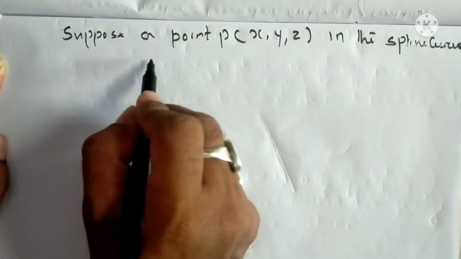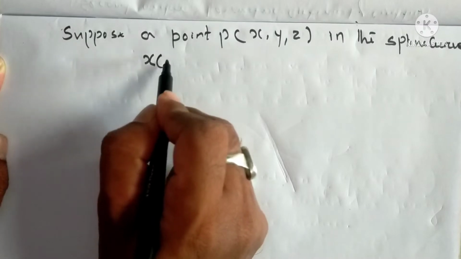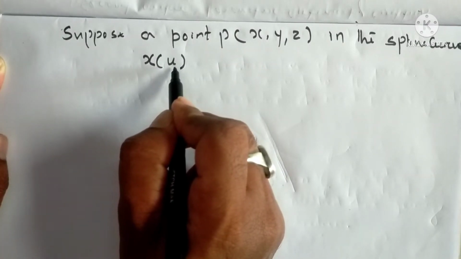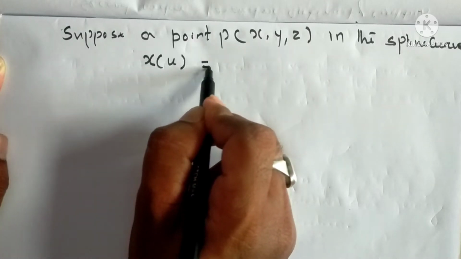It can be represented as follows: the x coordinate is represented as x of u. Always you will use the new parameter u to represent the x coordinate in parametric form. How to write that?